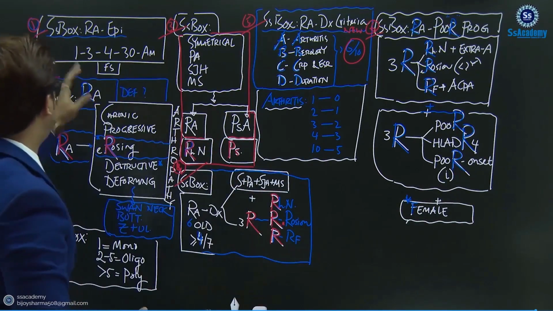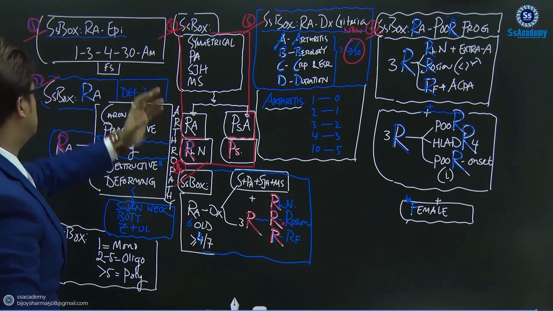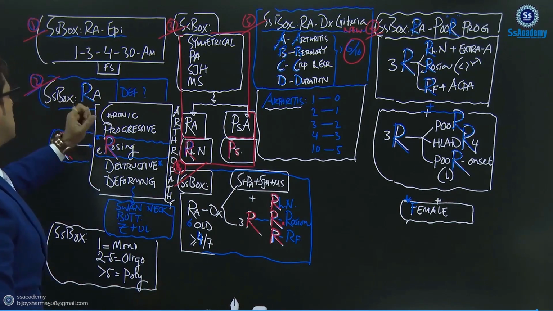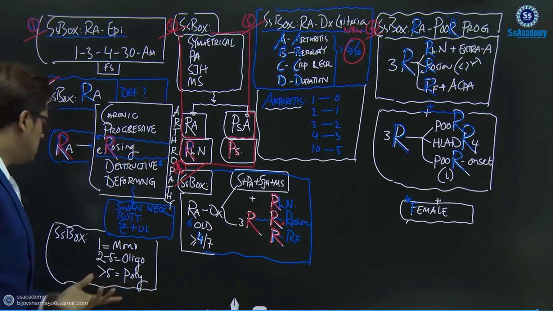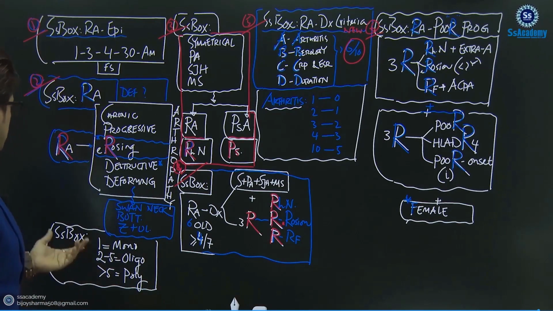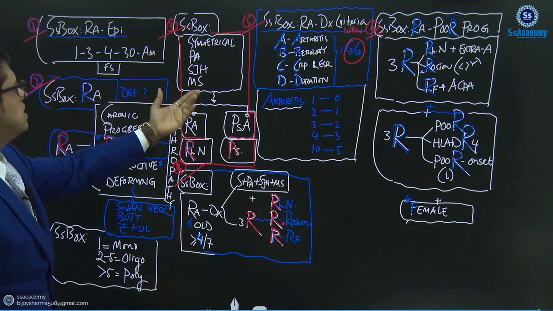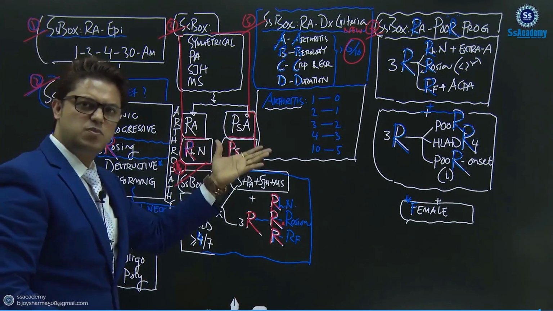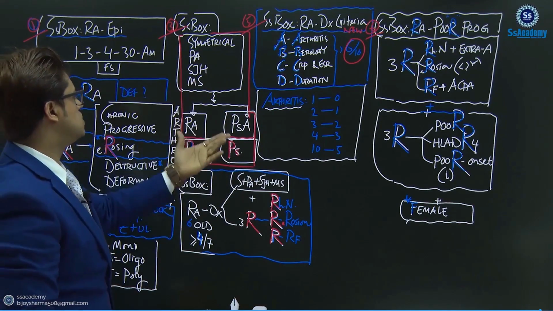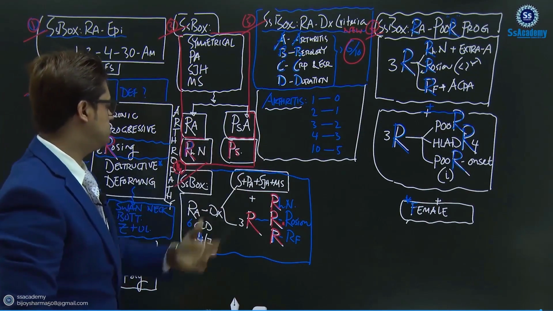So, summary box once again: the box 1, 3, 4, 30 Americans. The second box is the rheumatoid arthritis definition, the erosion. Once again, the differentiating points: the symmetrical polyarthritis, small joints of the hands, the morning stiffness, RA and PsA.